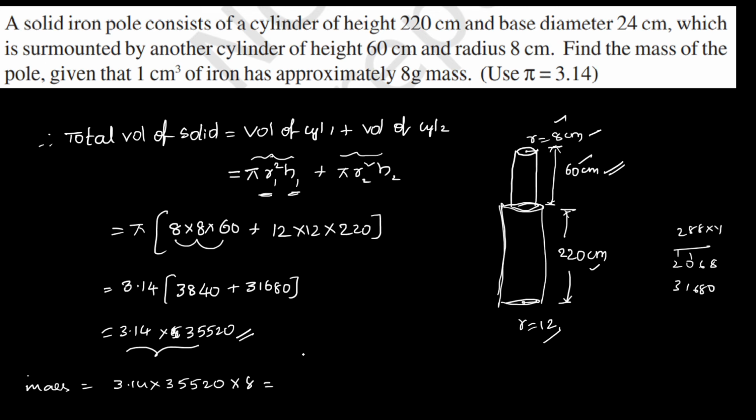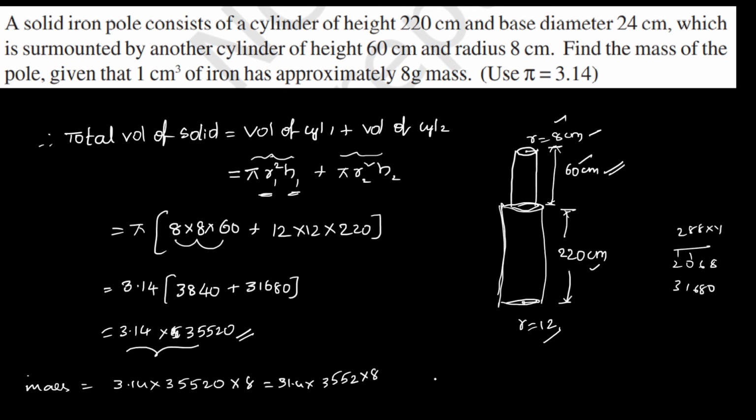You can do the multiplication. So you will get 31.4 into 3552 into 8. Approximately, when this 0 is multiplied here, 3.14 became 31.4.